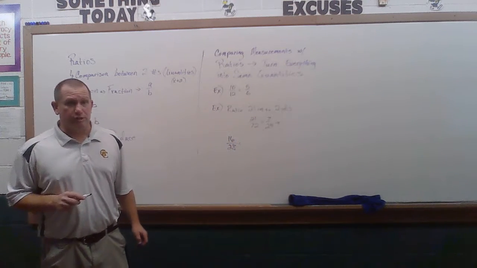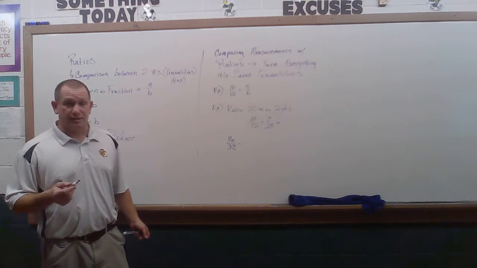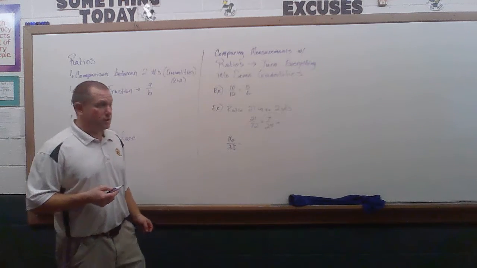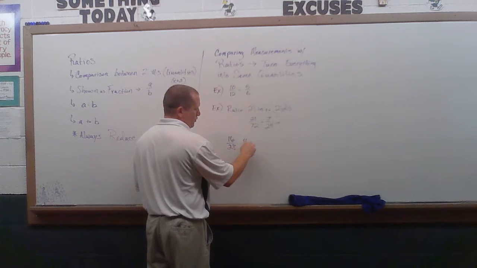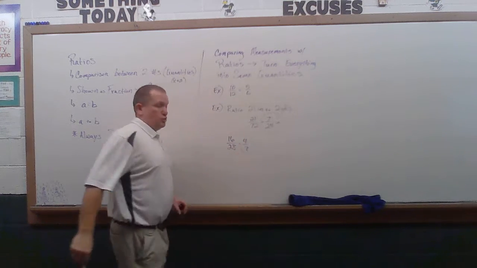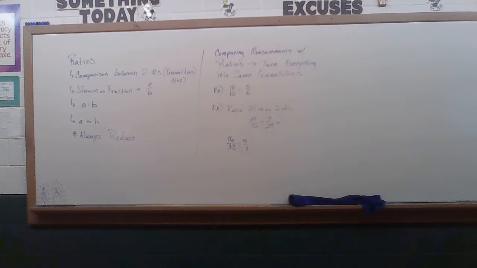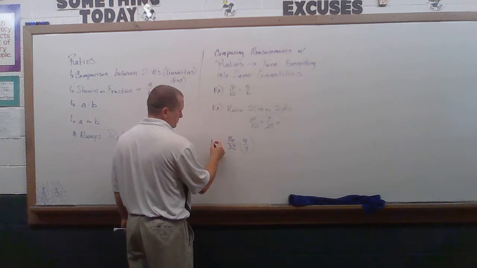What can we reduce by? 2 definitely. Anything bigger? 4. 16 divided by 4? 28 divided by 4? 7. So again, if you would have used 2 twice, you should have still got to 4 sevens. But if you use the bigger number, then you only have to do it once.